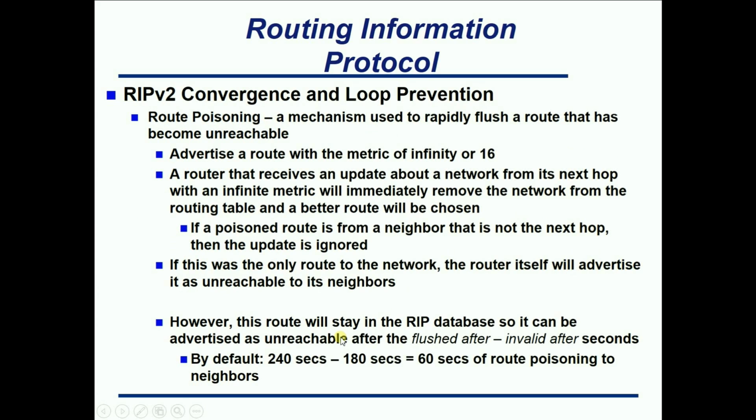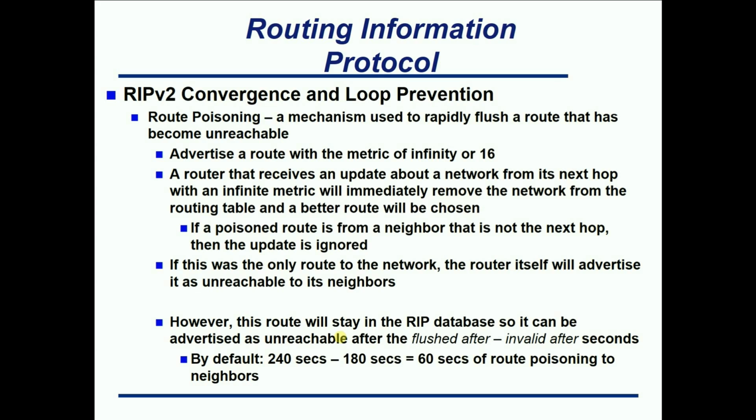All right. Route poisoning: basically, when a network fails, I'm going to immediately poison that route and send it to my neighbor. I'm going to send it for 60 seconds by default.